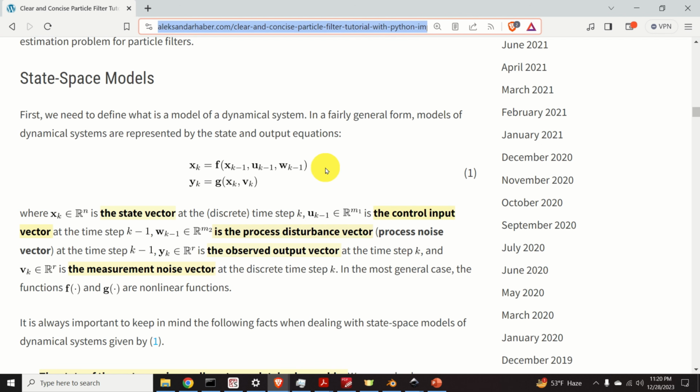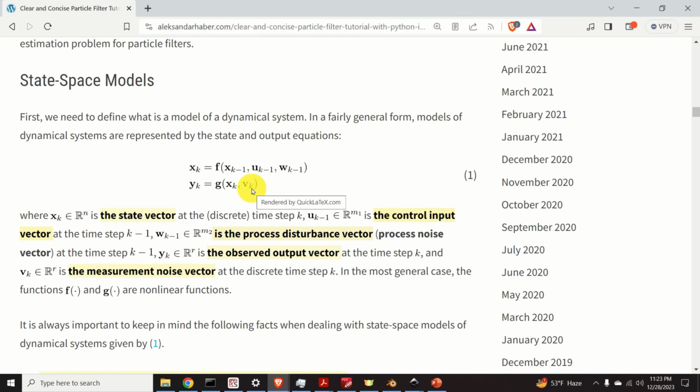For example, we can model or estimate the mean and the covariance matrix of the distribution describing the statistics of wk minus 1. In practice, this vector can, for example, mathematically model stochastic state disturbances affecting the dynamics. Some researchers also use this vector to take into account model uncertainties. We will talk more about the statistics of this vector later on in this video tutorial.